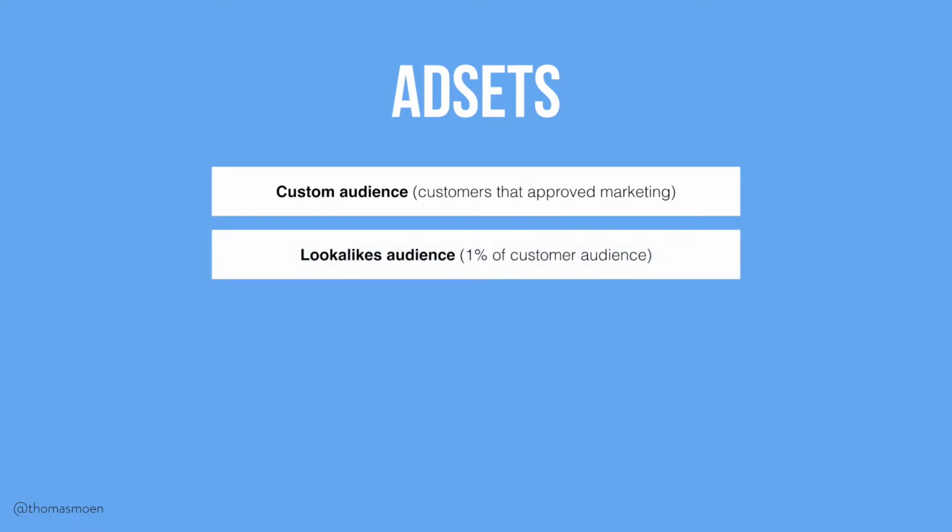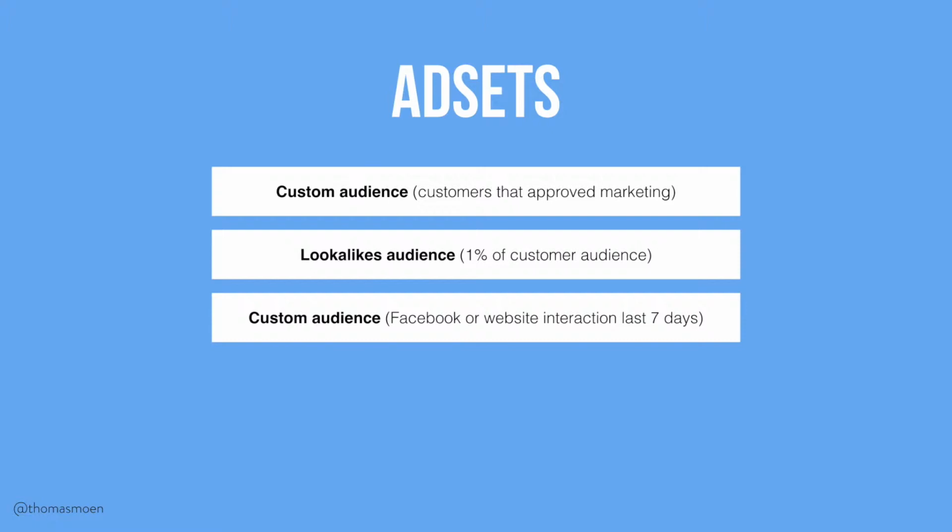The second ad set I set up is what's called a lookalike audience. This is Facebook using their data to find people who look very similar to my customers. So I would set up a 1% lookalike audience of my customer audience.